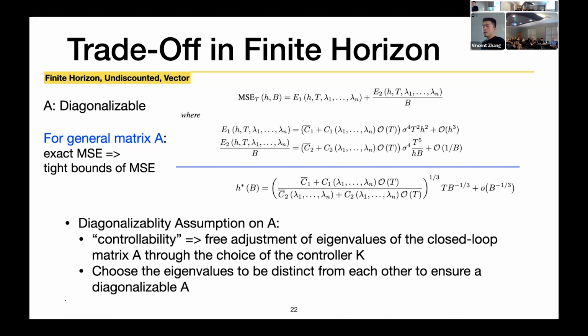But we also want to get the optimal H step size as a function of the data budget B. Because we want to show that as you vary your data budget, potentially to infinity, how the landscape of H star looks like. Okay. Yeah.